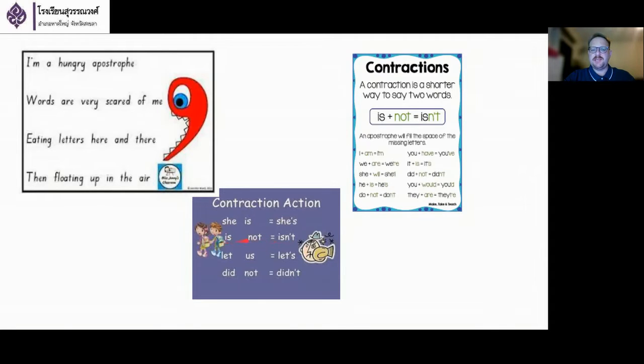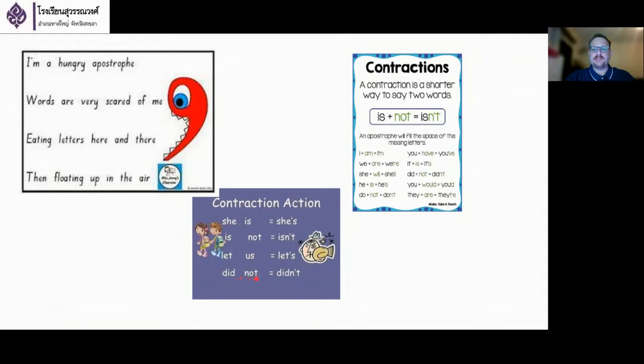That becomes he isn't. Contraction isn't. I-S-N apostrophe T. Let us equals let's. L-E-T apostrophe S. Let us be happy. Let's be happy.